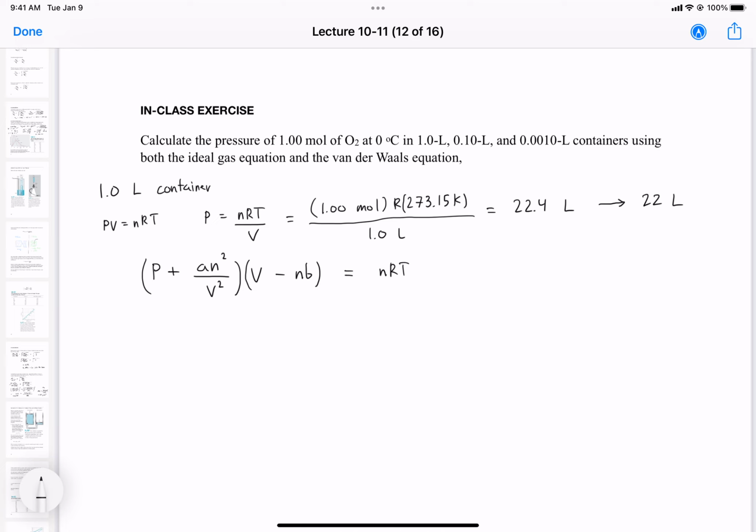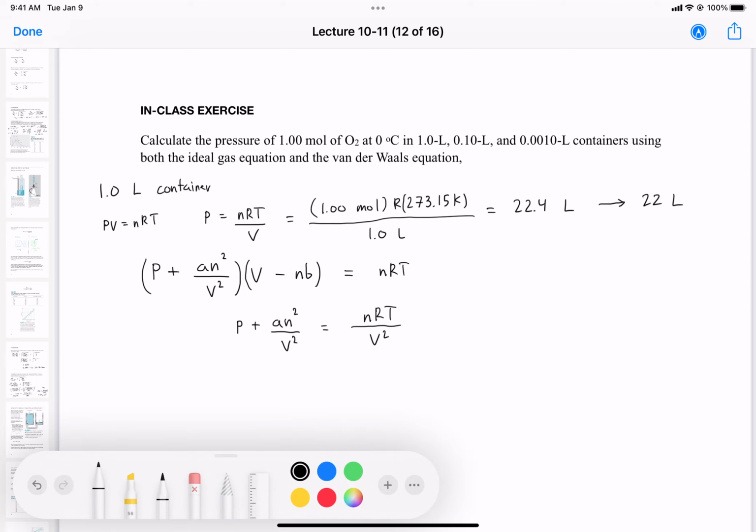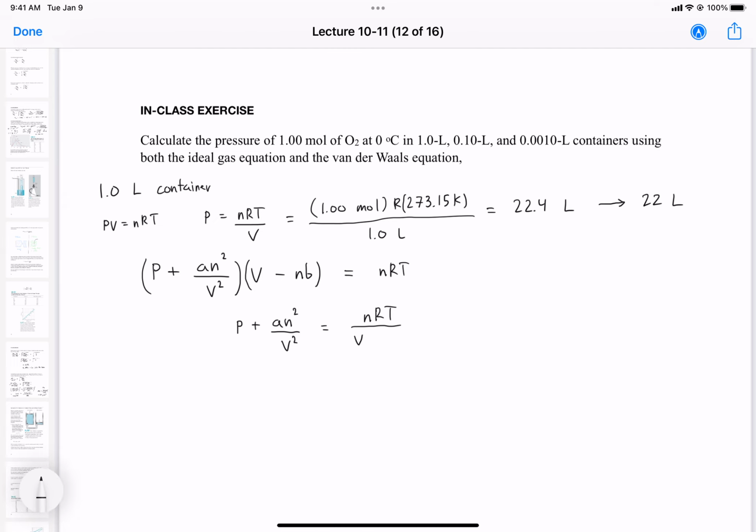Okay, so we solve for this, right? First we divide everything by V minus nb, so we get P plus an squared over V squared equals nRT divided by V minus nb.